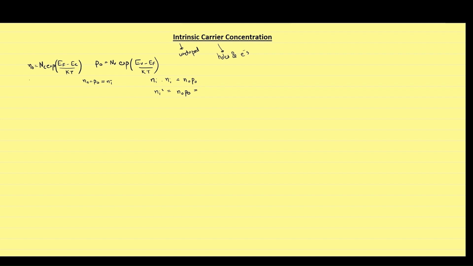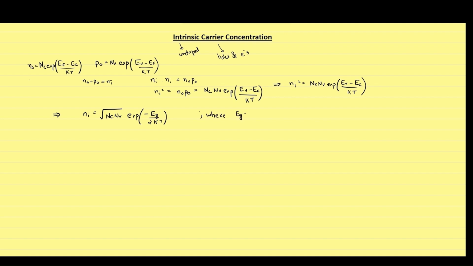Putting the value of N0 and P0, we will get finally intrinsic carrier concentration Ni comes out to be equal to under root Nc into Nv into exponential of minus band gap energy divided by 2 kT, where band gap energy is equal to Ec minus Ev.